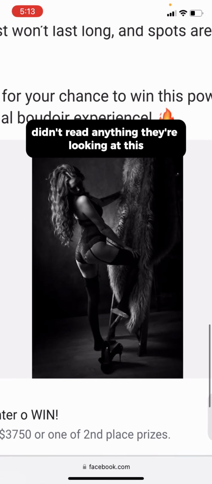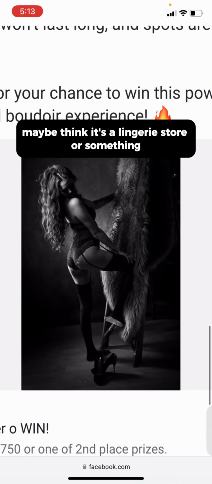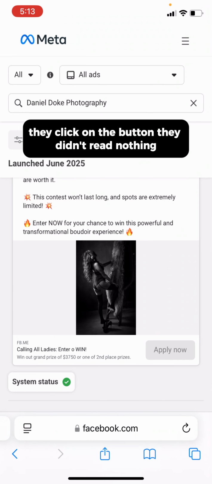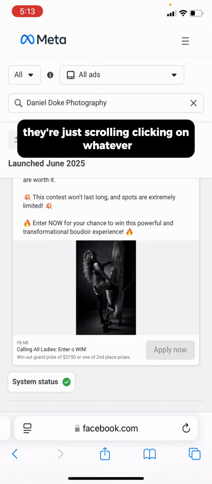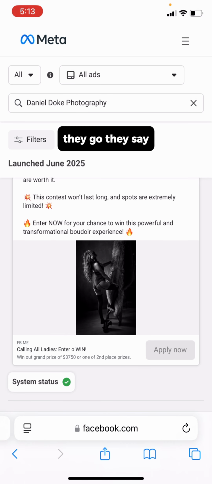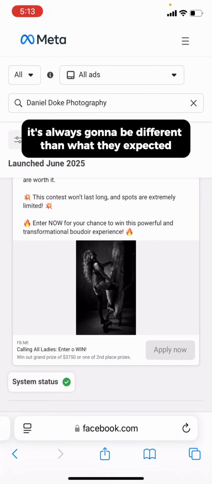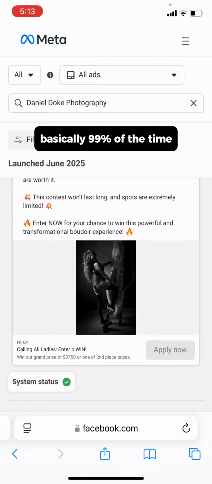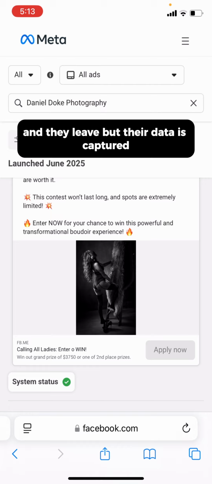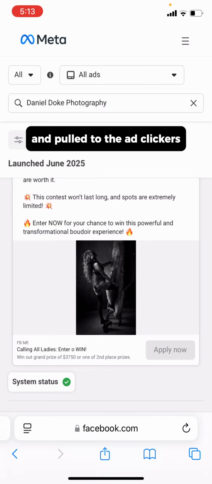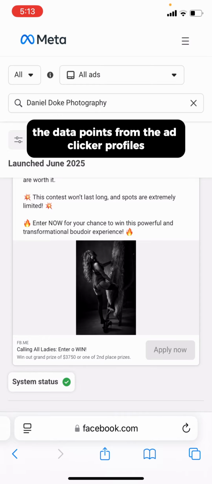They're looking at this. Who knows? Maybe they think it's a lingerie store or something. They click on the button. They didn't read nothing. They're just scrolling, clicking on whatever. They say, oh, this is not what I expected. Well, yeah, because they didn't read anything. So it's always going to be different than what they expected, basically 99% of the time. And they leave. But their data is captured in pool 2, the ad clickers, the data points from the ad clicker profiles.